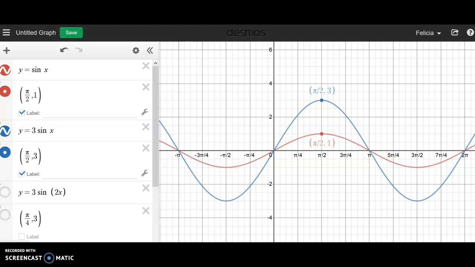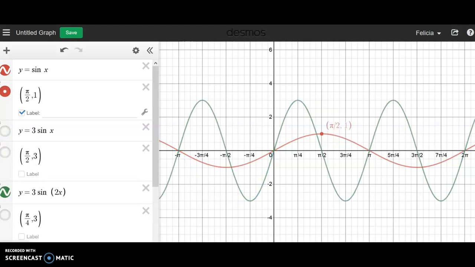So I'm going to go ahead and take the blue portion off, and let's go ahead and graph y equals 3 times sine of 2x. Alright, so that you'll see we have those 2 cycles. One cycle the graph goes from 0 to pi, and then the second cycle goes from pi to 2 pi.